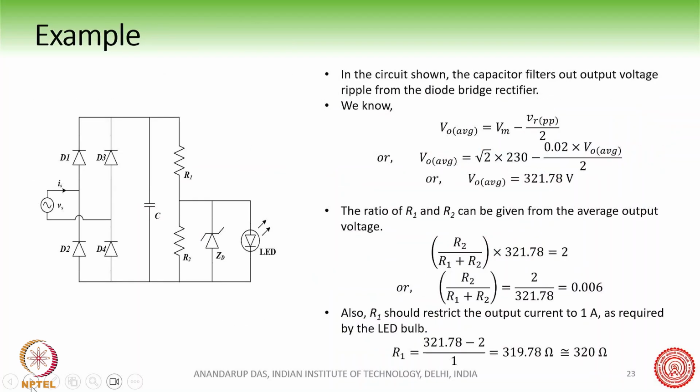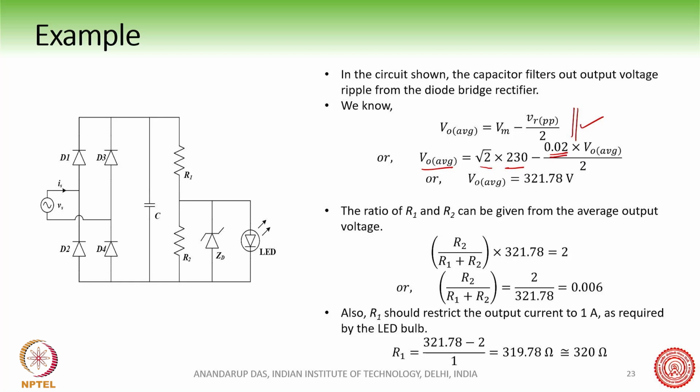Again, we go back to the equations which we have already seen. V0 average is Vm minus Vr peak to peak divided by 2. Vm is root 2 into 230, and Vr peak to peak is 2% of the average voltage.